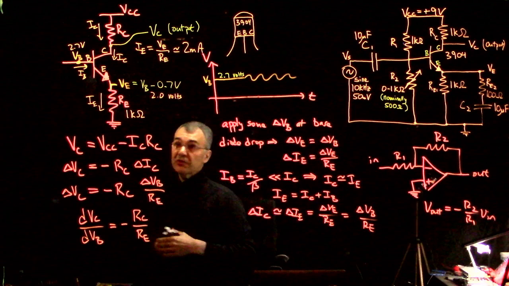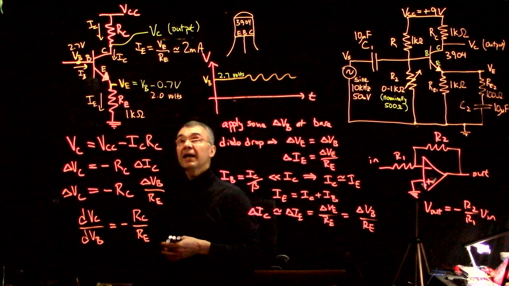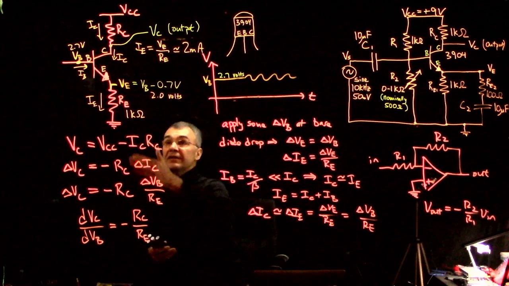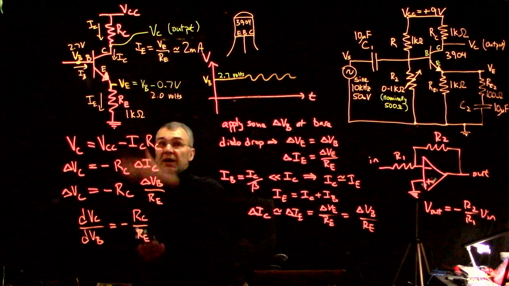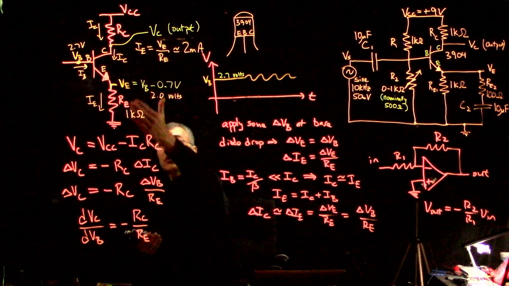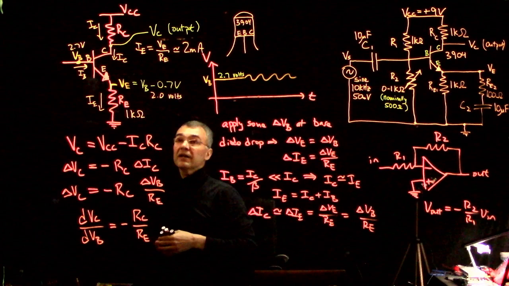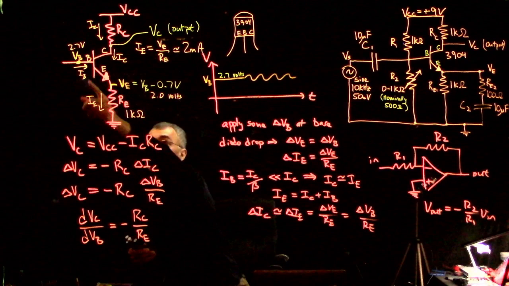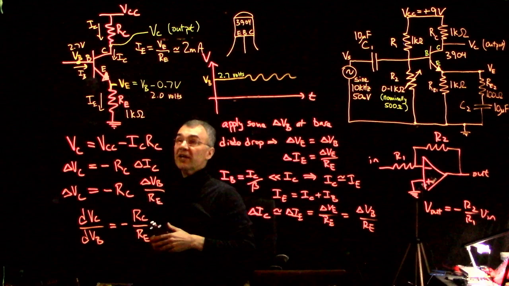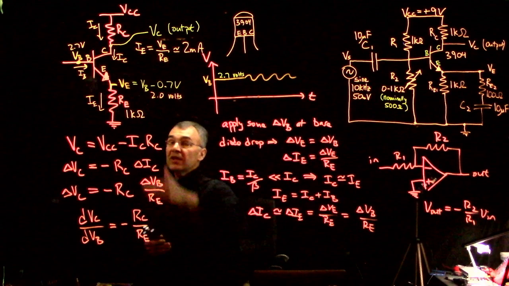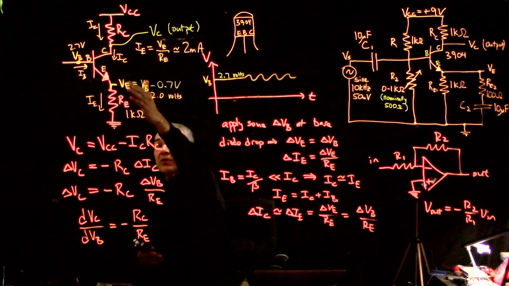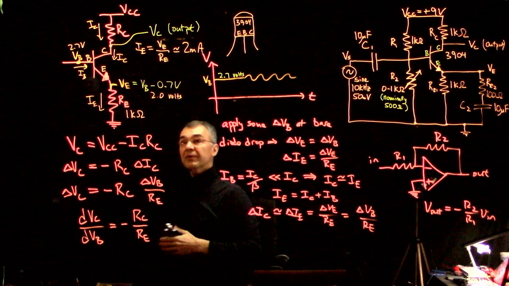In our case, that fixed voltage is ground. And then we say, okay, when there's nothing happening, we know that the emitter is just a diode drop below the base, and then we know the emitter current is just this emitter voltage divided by this emitter resistance.